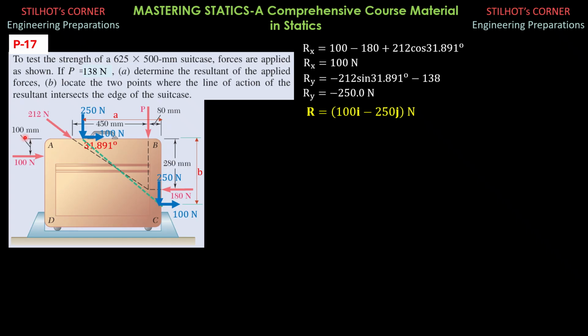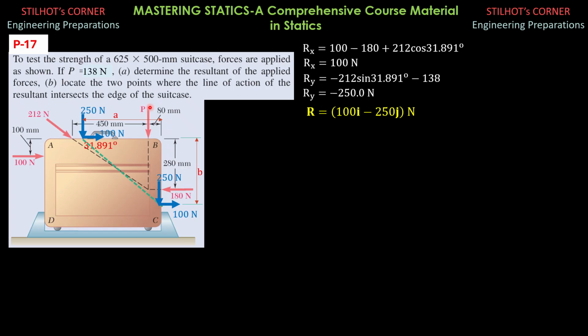100 times 100. For this 212 Newton force here, the horizontal passes through B, so it has no moment. The vertical has moment, 212 sine of 31.891 degrees, and its moment arm from B is 450 plus 80, so that would be 530 mm, also counterclockwise.